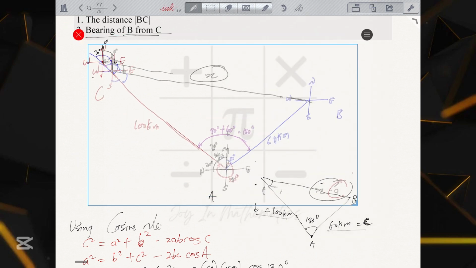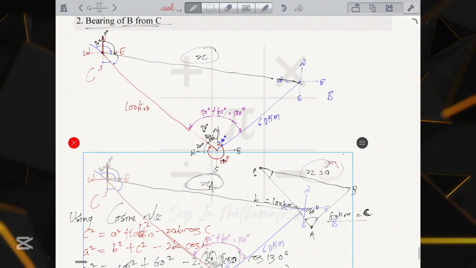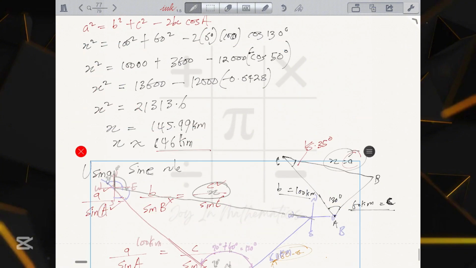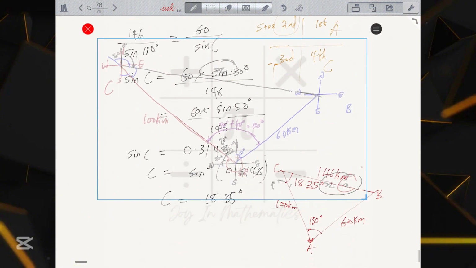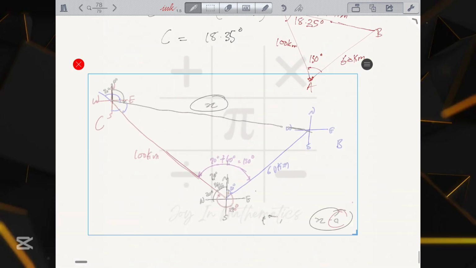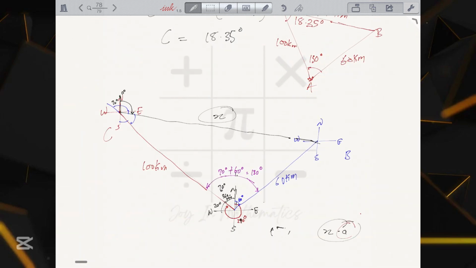So duplicate, and then we'll finalize the diagrams. Okay, we are almost there, and now we are there. Now we have evaluated X to give us 146 kilometers. We know the angle at point A is equal to 130 degrees. This is point A. The angle here is 130 degrees.